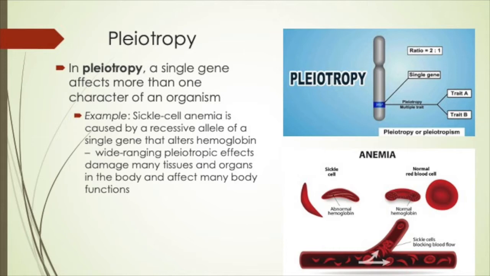All right, the next thing is pleiotropy. Pleiotropy is a single gene that affects more than one character of an organism. So, if you have a single locus on a single gene, it can actually affect more than one trait. It can do more than one characteristic. And one of the things here is sickle cell anemia. One of the traits that it can do is sickle cell, and the other trait it can do is a normal cell.